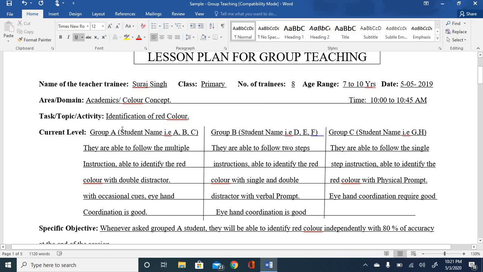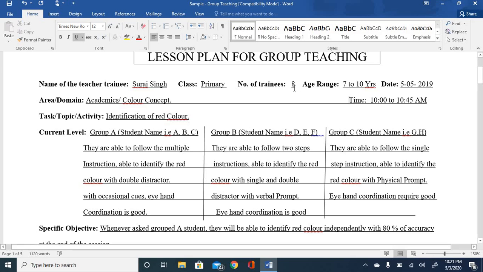Then I'm going to find out the current level of this particular topic. As you know, I have 8 students, so I'm going to divide them into 3 groups, because the 8 students may not be at the same level. Because of individual differences, they might be at different levels.